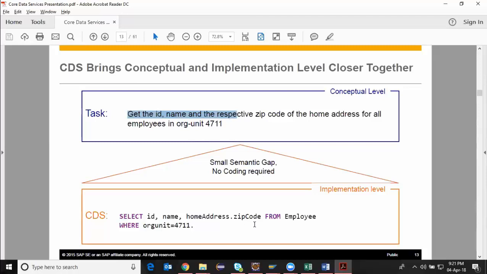We're going to see them in detail. But as a summary, understand that this brings your conceptual level into your code, so that semantic gap is small, not much coding required. You may say, okay, I'm not doing any coding in a graphical calculation view, so that is much easier, while for CDS I have to write the code.